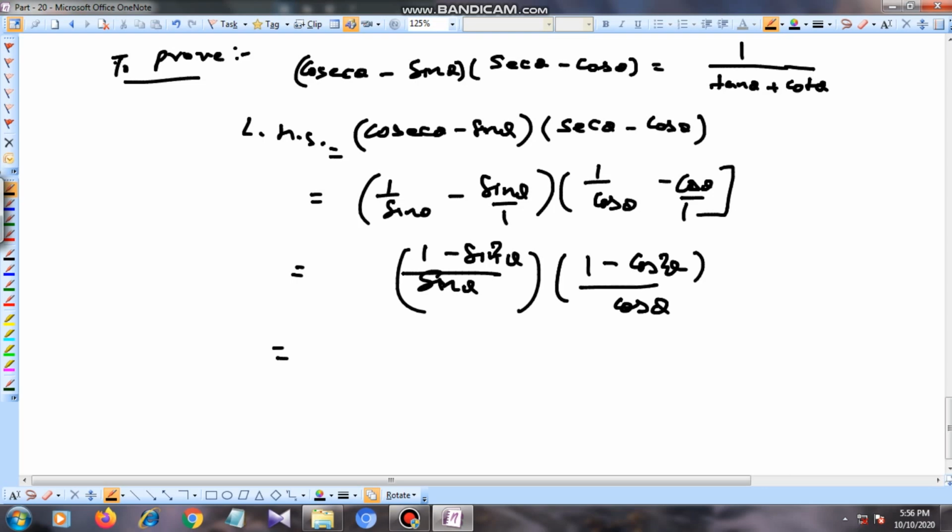So 1 minus sin square theta means cos square theta from the first identity upon sin theta, and 1 minus cos square theta is sin square theta. So this is sin square theta upon cos theta.